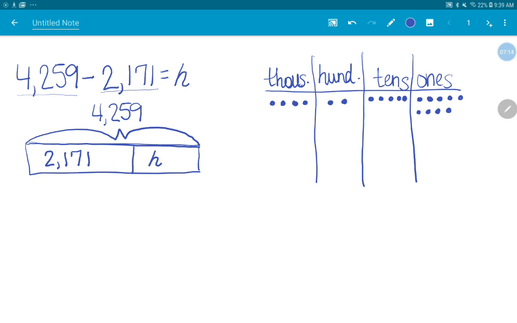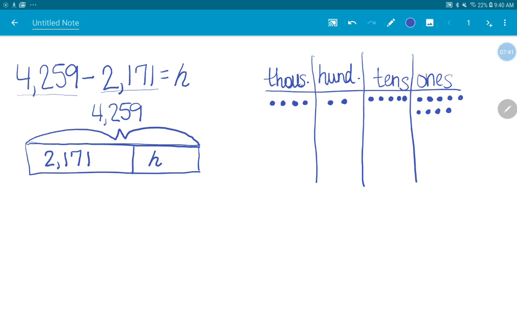Okay, let's check the tens. How many should we have? 5. Count them. 1, 2, 3, 4, 5. 5 tens. And how many ones? 9. 1, 2, 3, 4, 5, 6, 7, 8, 9. Okay.